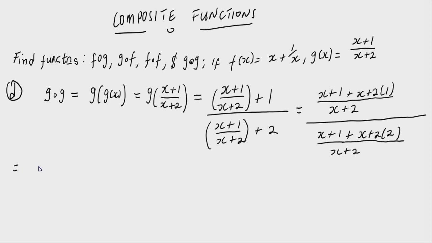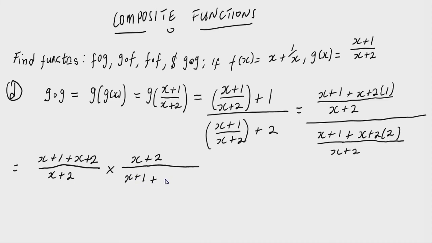So we have (x plus 1 plus x plus 2) divided by (x plus 2), times (x plus 2) divided by (x plus 1 plus 2x plus 4).